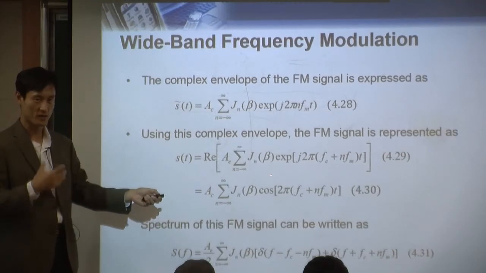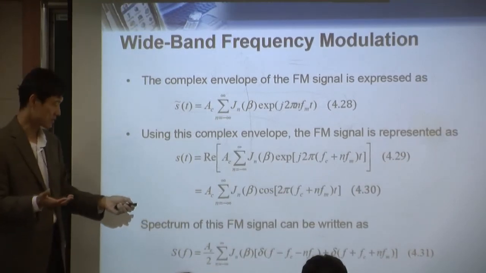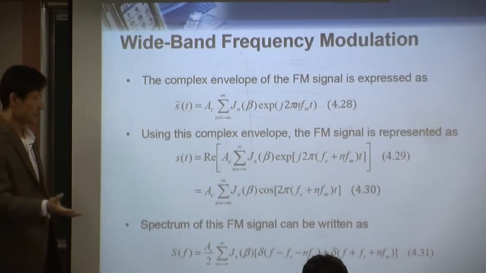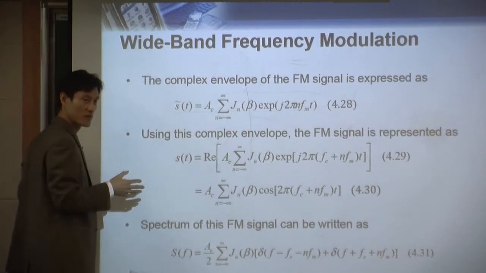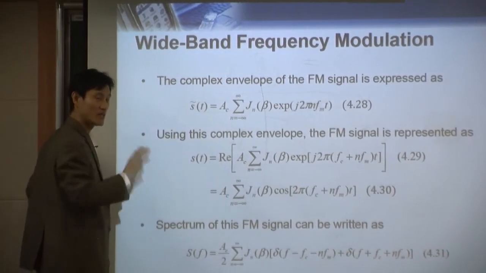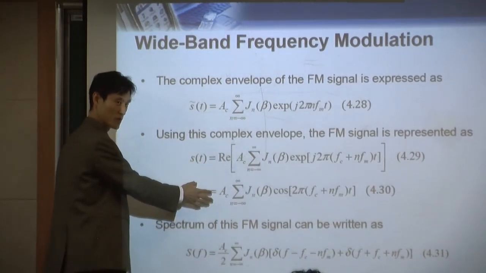Simply, okay? That's the conclusion. This is our signal that you transmit. This one looks very different from amplitude modulation or narrowband FM or any of the signals we have discussed so far, right?